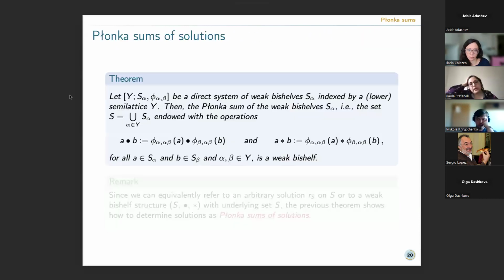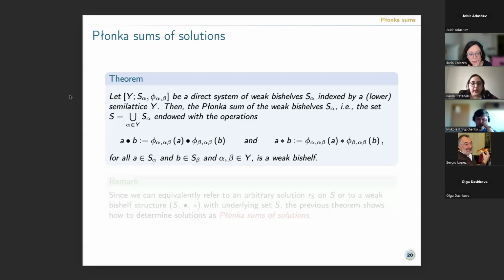So, if we consider a direct system of weak bi-shelves S_α, indexed by a lower semilattice Y, the Płonka sum of these weak bi-shelves is a weak bi-shelf. So we obtain a new weak bi-shelf on the disjoint union of these weak bi-shelves S_α.